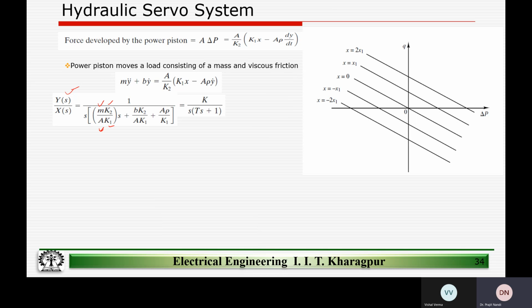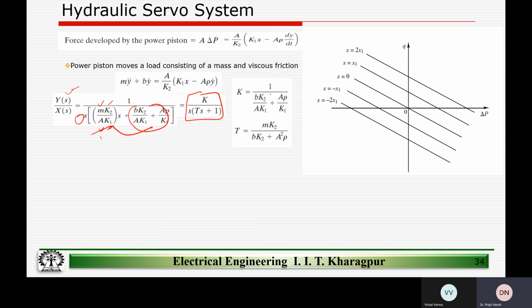If I write this simplistically, I can express this as some constant k, and this will also appear in the numerator, and overall I can express this as k divided by s multiplied by (ts plus 1), right?